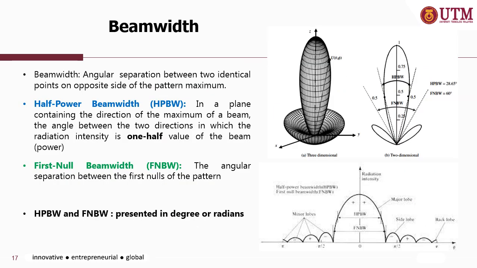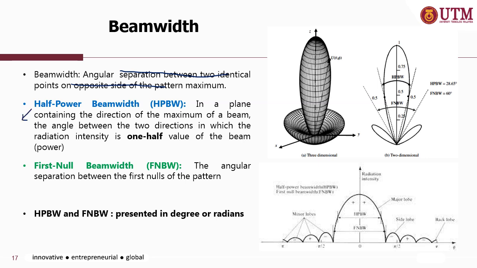Okay, another parameter that can be measured from the radiation pattern is the beam width. The beam width is the angular separation between two identical points on opposite sides of the pattern maximum. So there are two types of beam width. The first is the half power beam width, HPBW.